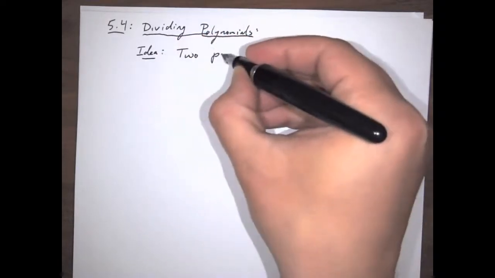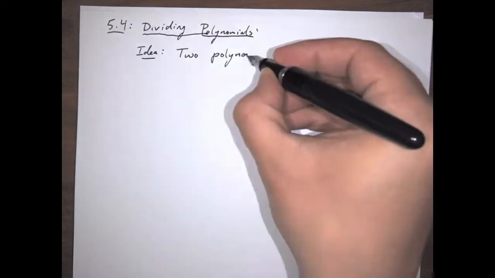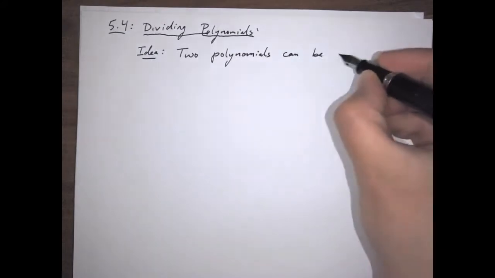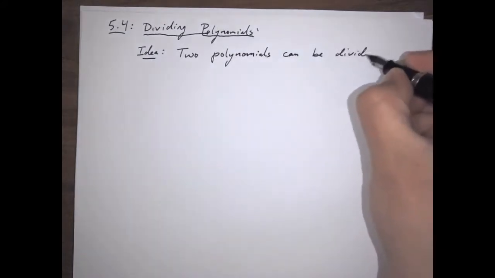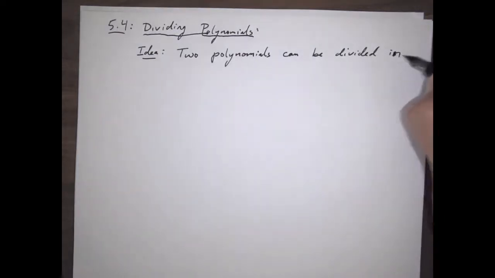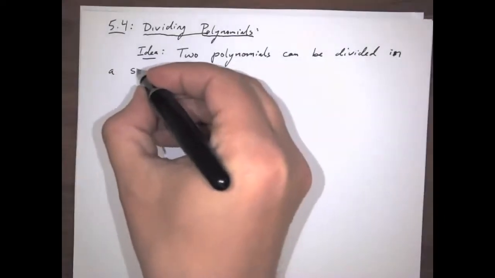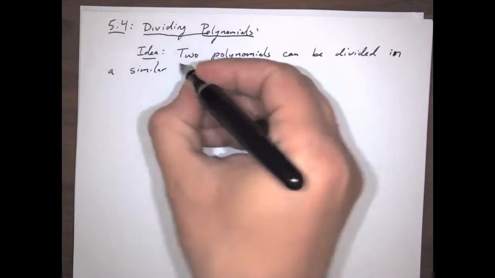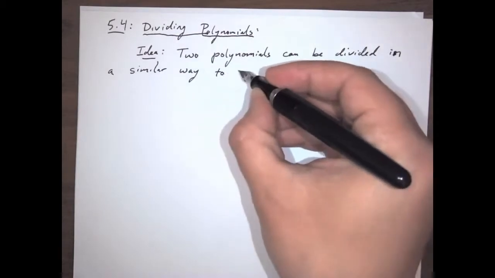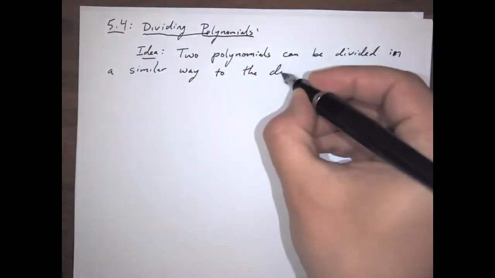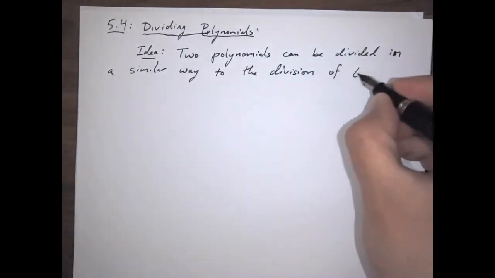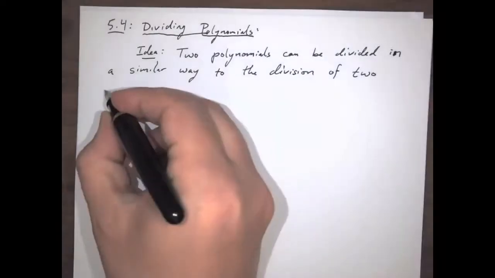Two polynomials can be divided in a similar way to the division of two numbers.